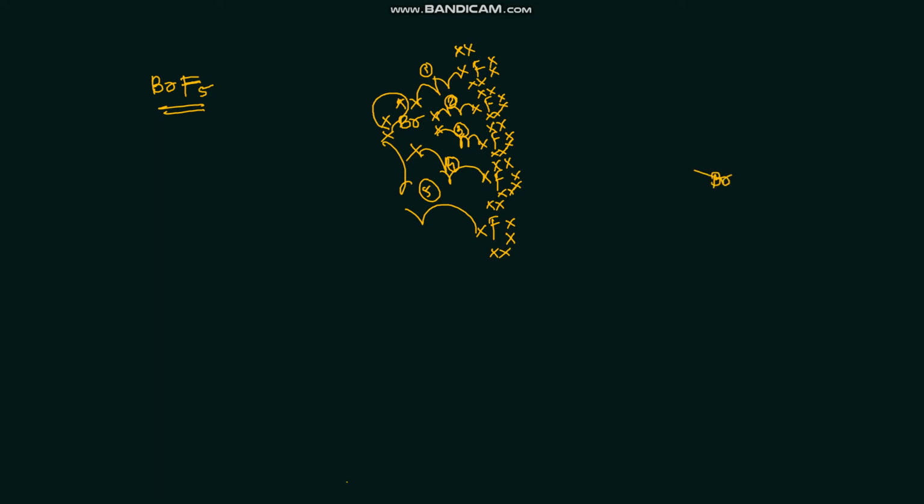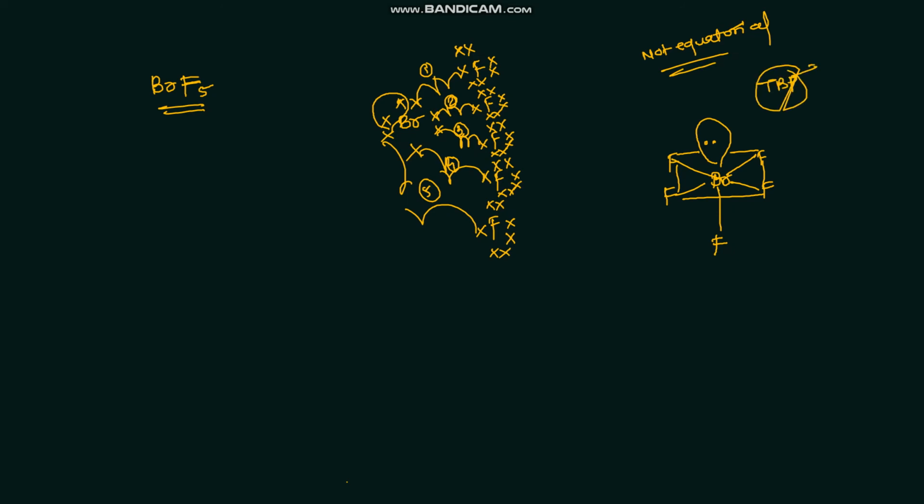Here fluorine, here fluorine, here fluorine, here fluorine. How many fluorines? 5 fluorines. 1 lone pair at axial position. Why do I write the lone pair here? Axial position, not equatorial. According to VSEPR theory, in trigonal bipyramidal geometry the lone pair is at equatorial, but in this case it is octahedral.